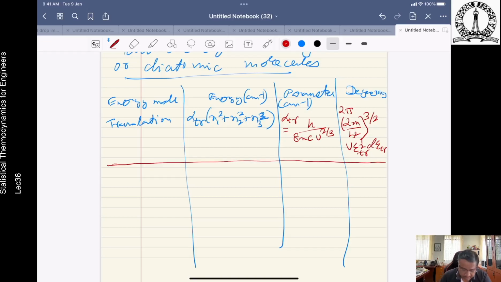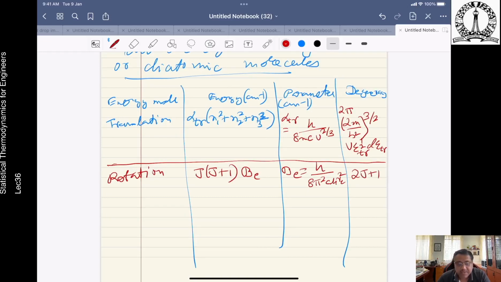Okay, then comes rotation. The mode is rotation. It's J into J plus 1 times BE, where the parameter BE is h divided by 8 pi square c mu RE square, and the degeneracy was 2J plus 1.